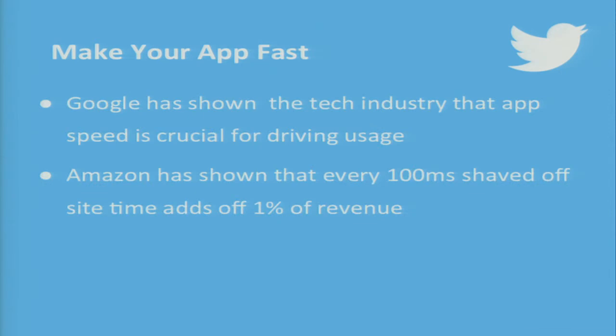What they found is that every time Amazon slowed down their site by 100 milliseconds, they lost $1 million in revenue. And this was like 5 or 6 years ago. In today's terms, that would probably be many times a multiple of that. So with a slow app, people just don't have patience for it anymore. So make sure you make your apps fast.